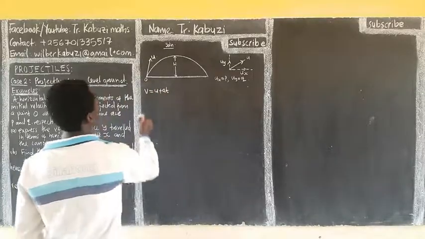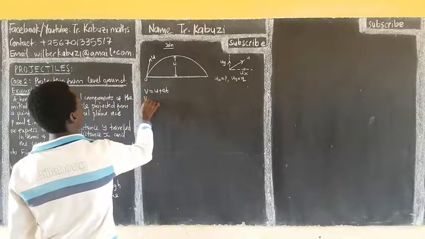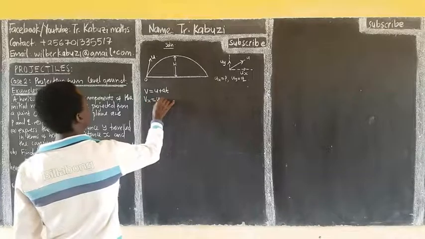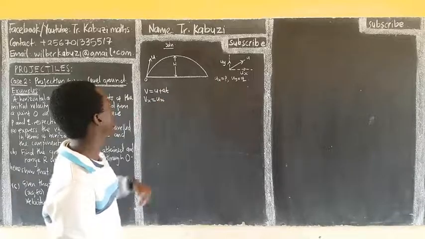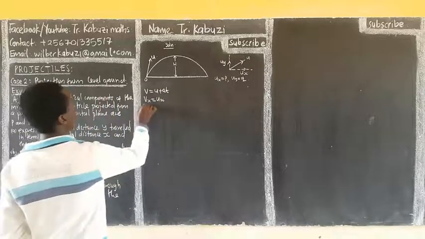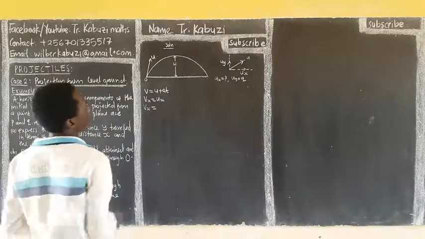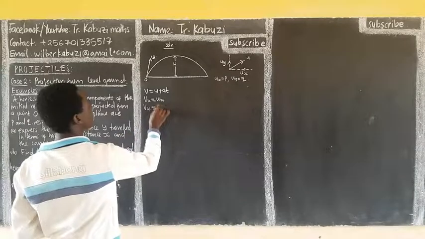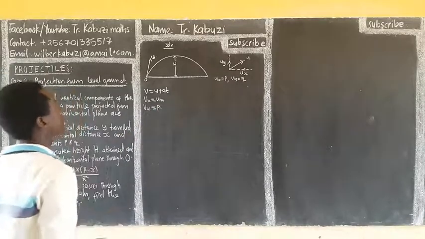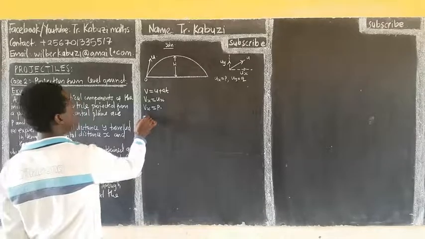So this implies that in the horizontal direction our Vx is going to be Ux, meaning acceleration in the horizontal direction is going to be 0. What is my Ux? P, as simple as that. What about the horizontal distance?